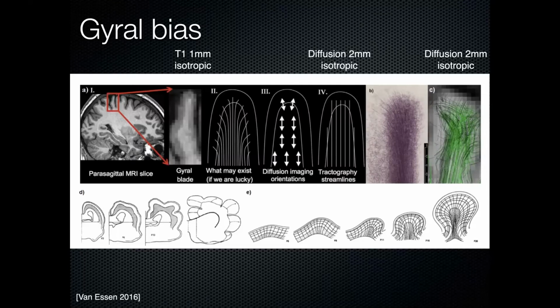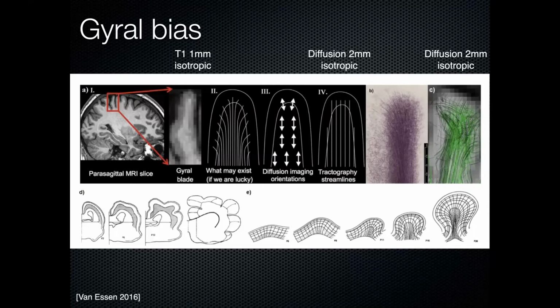We don't see the very nice fanning structure, and all the gyral blades and even the sulcus are not well connected by tractography. I'm going to show you some numbers later, but you'd be surprised to see that tractography barely reaches 50% of the cortex, right?